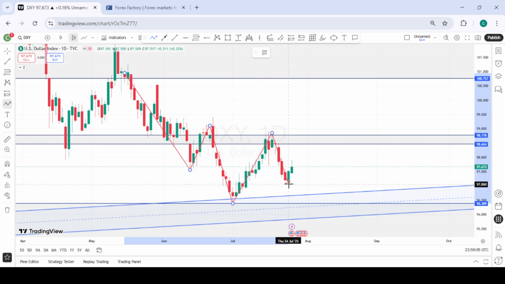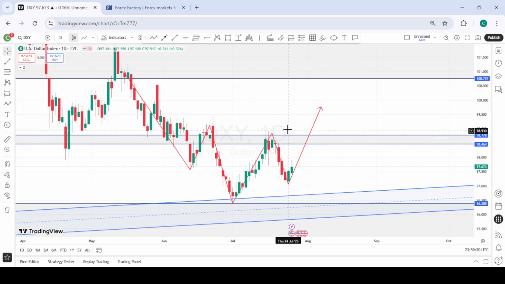Should DXY break above this particular zone with a weekly candle, then DXY has shifted bullish on the weekly time frame. If it is able to break this weekly structural level, then DXY becomes bullish, and we have to be looking for bullish opportunities.